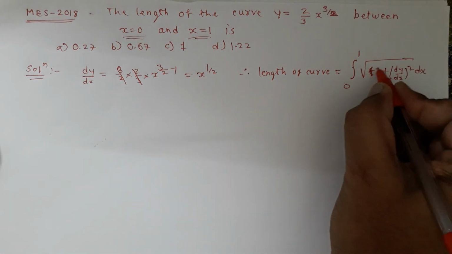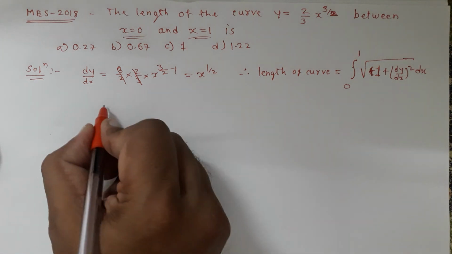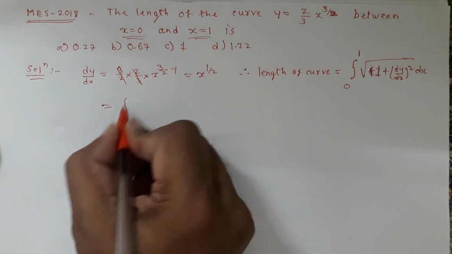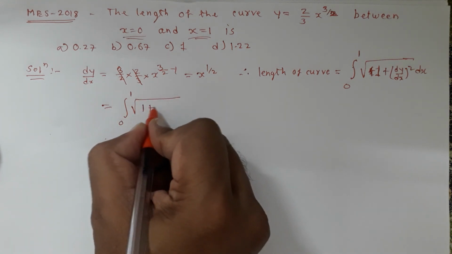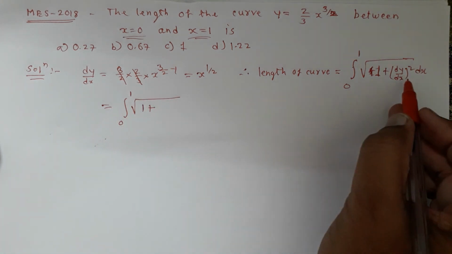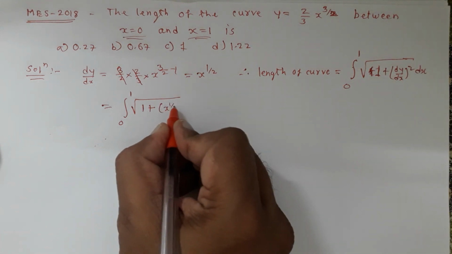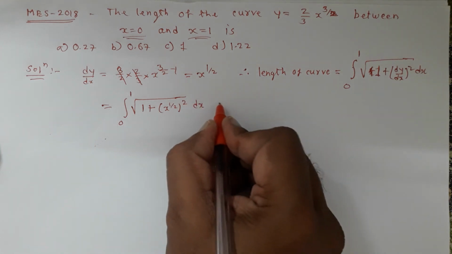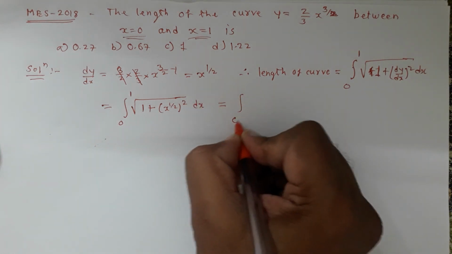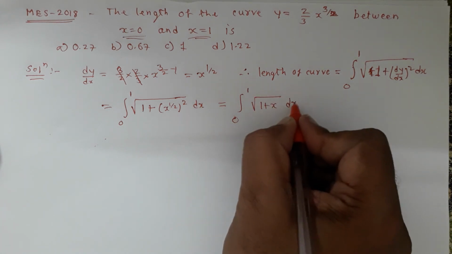Now dy by dx is x raised to 1 by 2, and its square gives integration 0 to 1 of root of 1 plus x into dx.